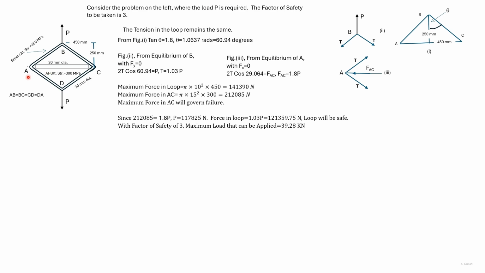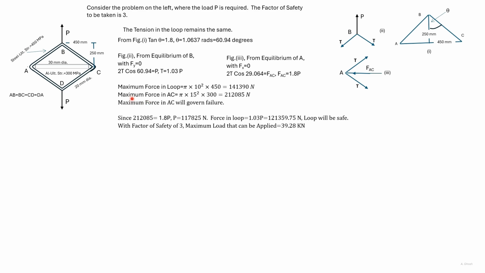Now let us look at joint A. This angle is 90 minus 60.94 degrees. So here we get 2P cos of this angle is equal to FAC, from which we get FAC is equal to 1.8P.